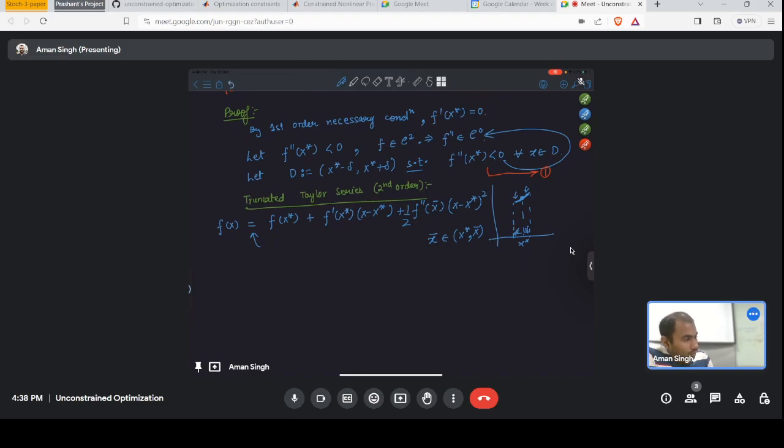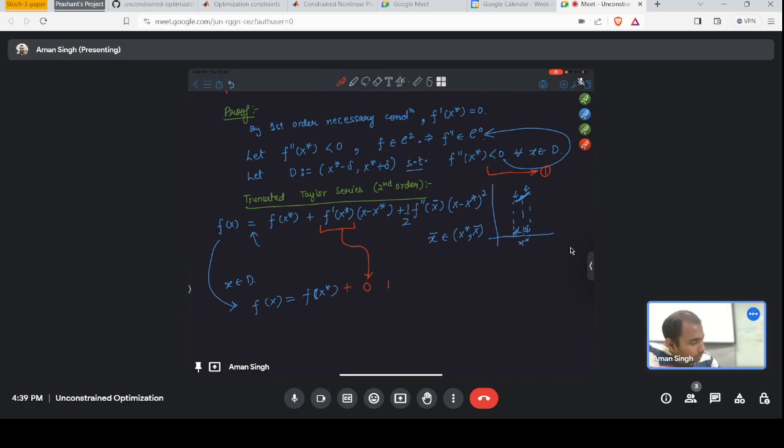So let's assume that x belongs to D. We want to see the value of f(x) in the neighborhood. Then f(x) will be equal to f(x star), plus f dash x star, which we know is 0. We have already proven it because x star is a minima, right?